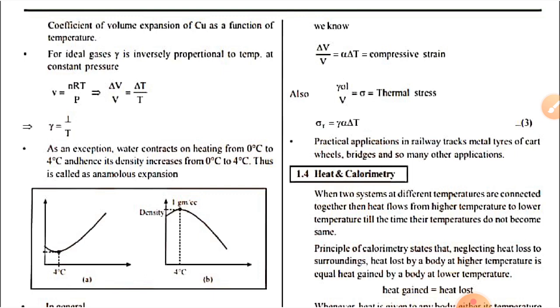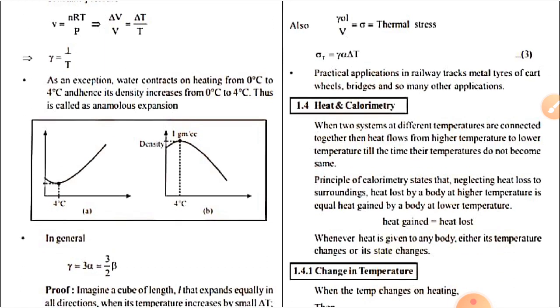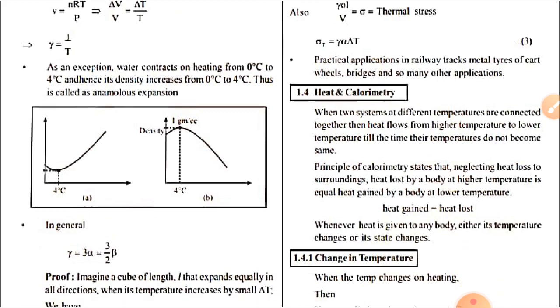That's why water is an exceptional case only for 0 to 4 degree Celsius. Then for 4 degree Celsius and beyond it is the same as for all. From 4 to 100 degree Celsius, water increases its volume, right? So this is the graph of density versus temperature and volume versus temperature.